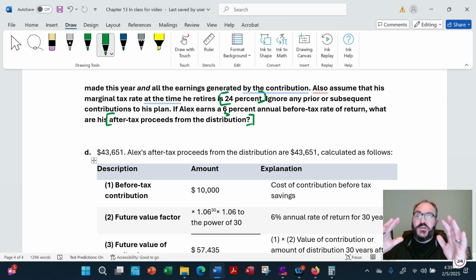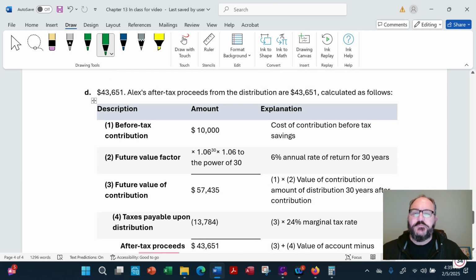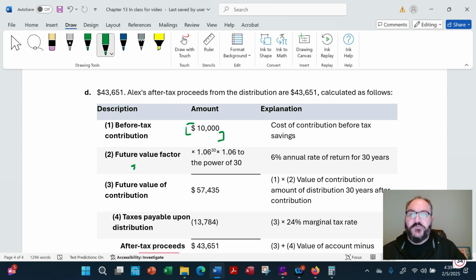Okay, so the first thing you got to do is how much money did he put away? $10,000. Okay. So $10,000 times the future value factor. Now again, he's putting the money in up front, so this is the future value of an annuity due. So the factor is going to be 5.7435.